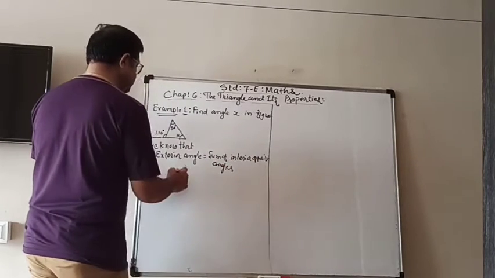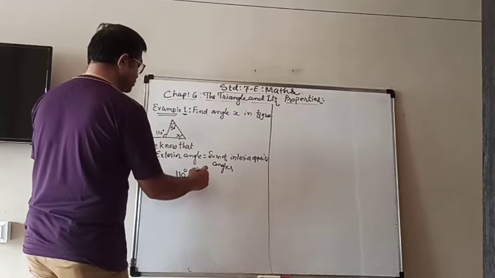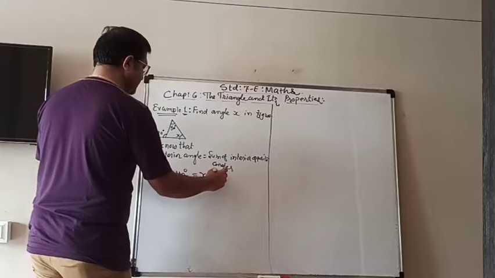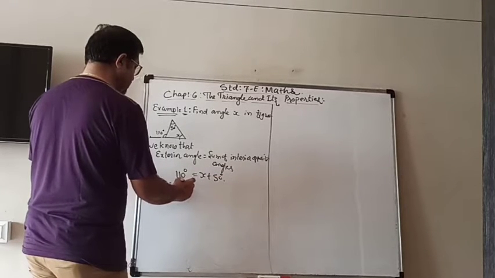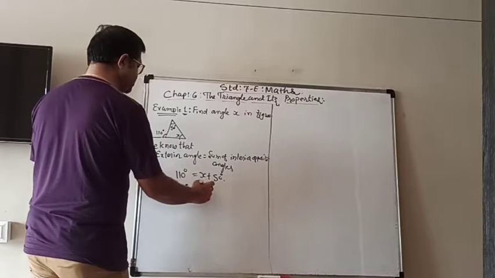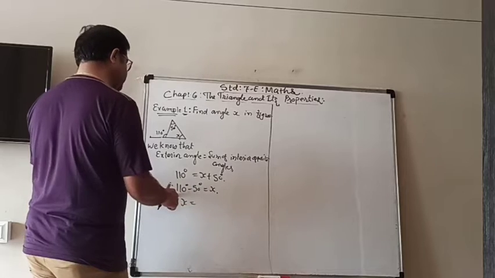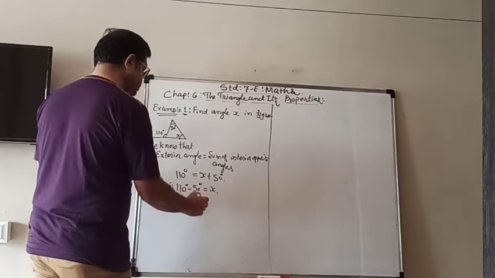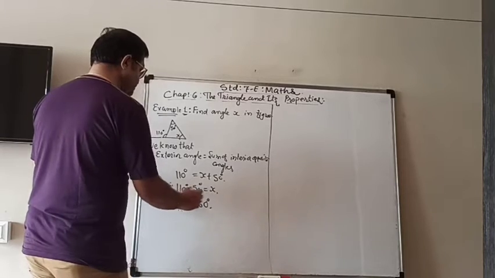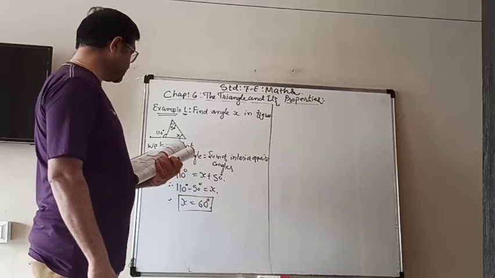So now exterior angle is 110 degree is equal to x plus 50 degree. If you bring 50 degree this side, 110 degree minus 50 degree is equal to x. So what we get? 110 minus 50. So the value of x is equal to 60 degree.